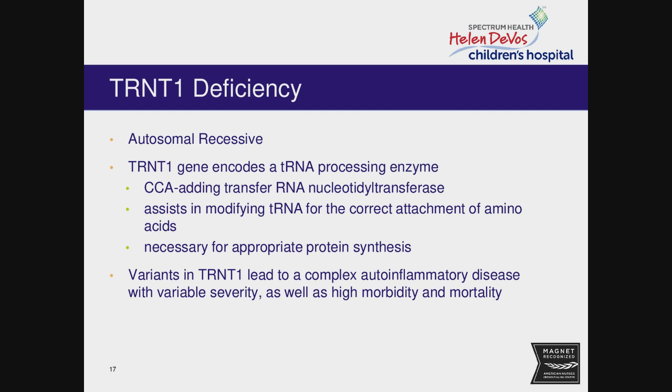So variants in TRNT1 do lead to a complex autoinflammatory disease with variable severity as well as a very high morbidity and mortality. Unfortunately, it is often fatal in these little ones, and the spectrum of disease is quite large.